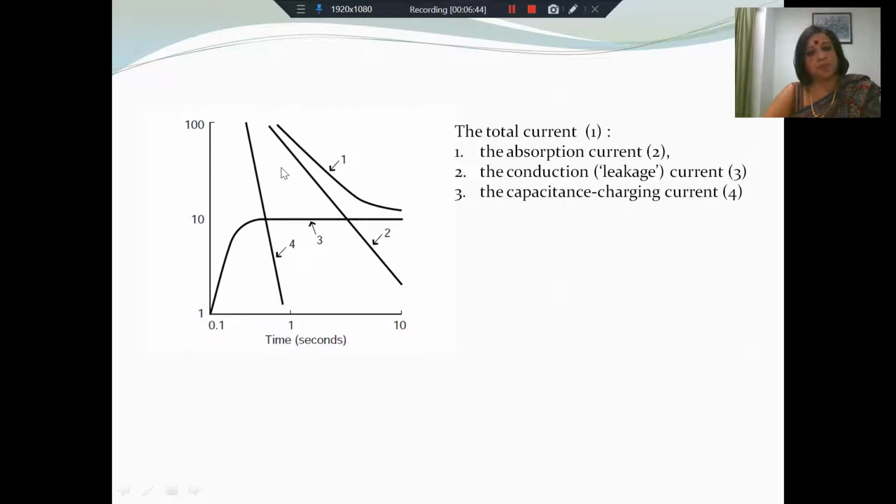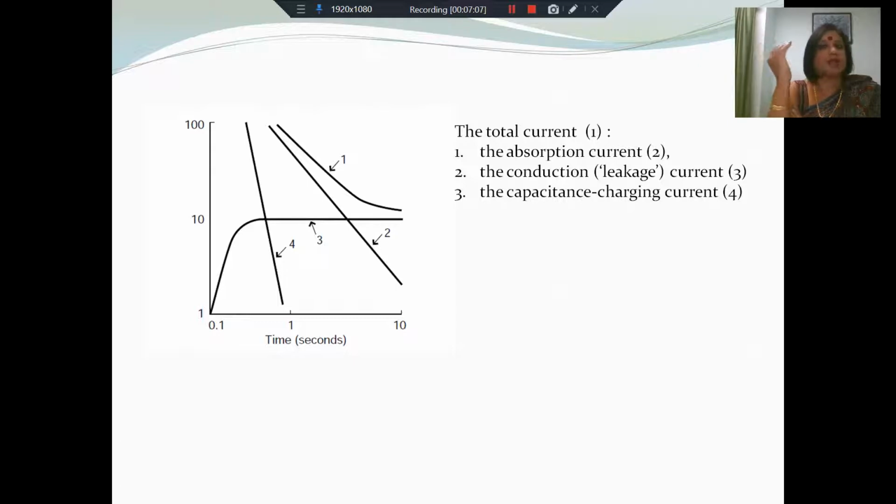What are these components? The first component is the absorption current. This is the current that flows because you are working with a dielectric material, and the dielectric material is polarizable. So when you energize this dielectric, there will be a current flowing through the dielectric, which will cause the material to polarize.